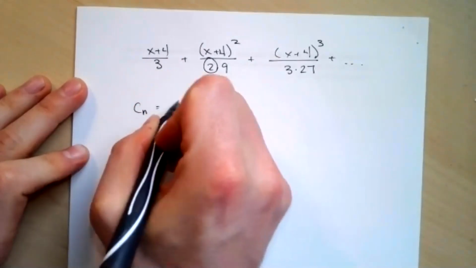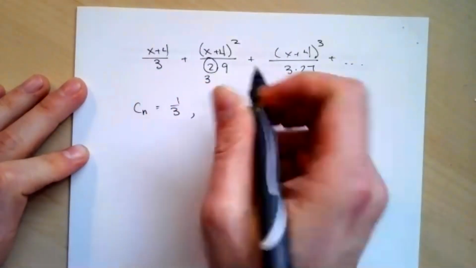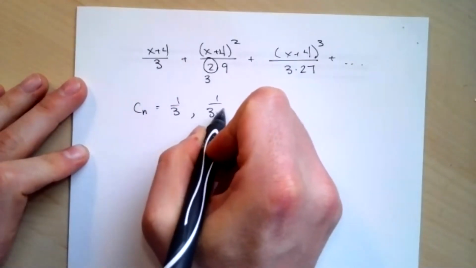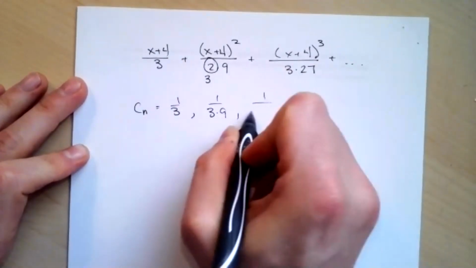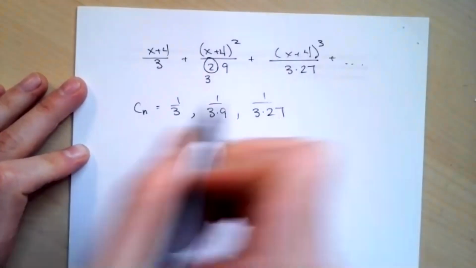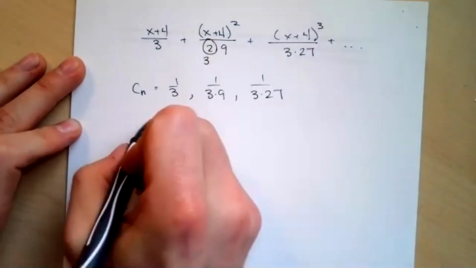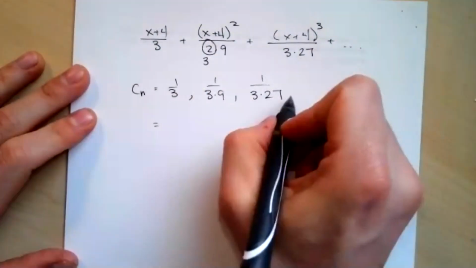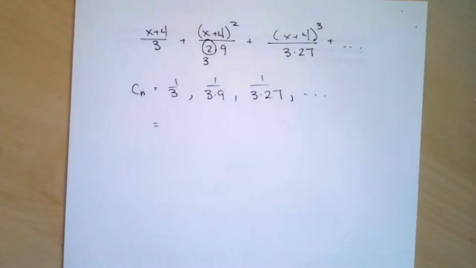So our Cn looks like 1 over 3, 1 over 3 times 9, 1 over 3 times 27. So what is our sequence there? It kind of looks like it's 3 times 3 to the n. Actually, one second.